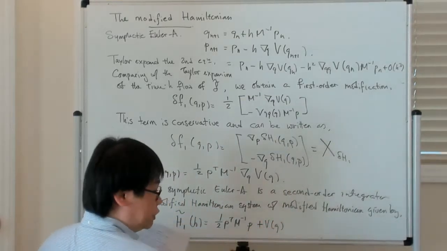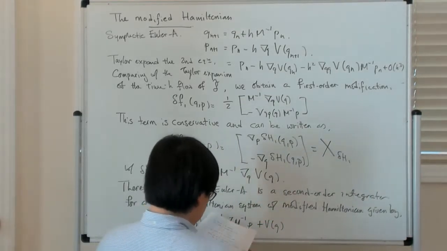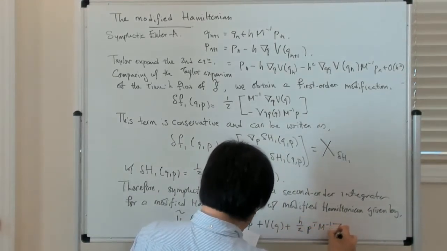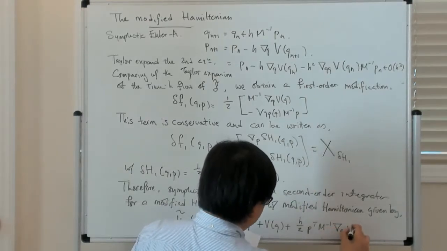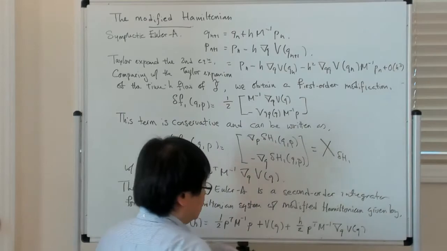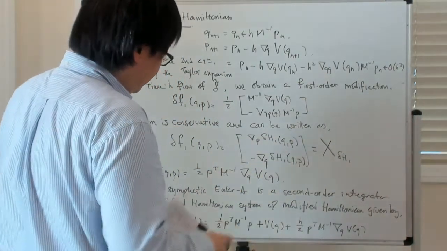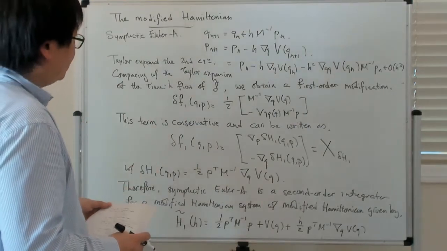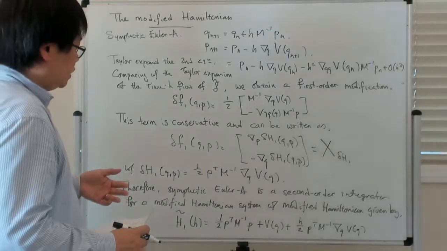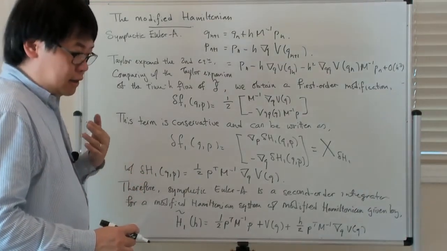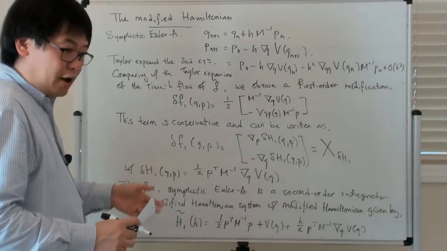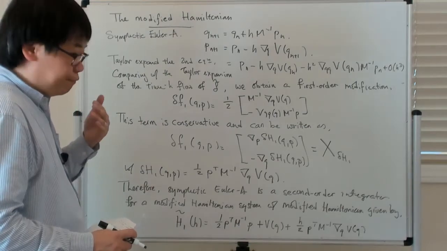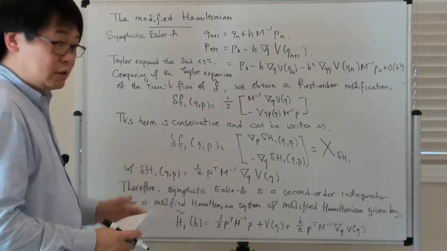This is, of course, just the original Hamiltonian plus the correction factor, which is h over 2 p transpose M inverse times the gradient with respect to q of the potential. All right, so that's kind of interesting. And then we'll show more systematically that anytime you apply a symplectic integrator to a Hamiltonian system, the correction terms in the modified equation can be viewed as Hamiltonian vector fields of modified Hamiltonians. All right, so let me just stop here for now.